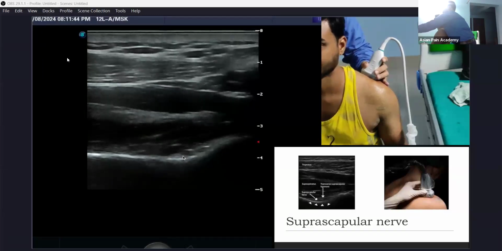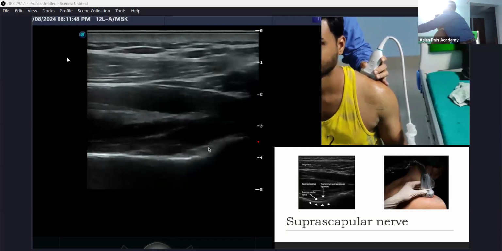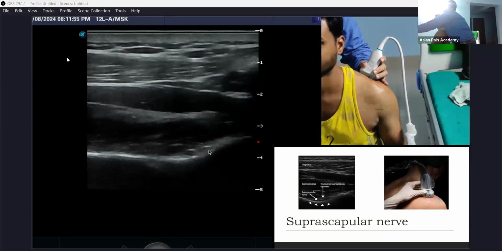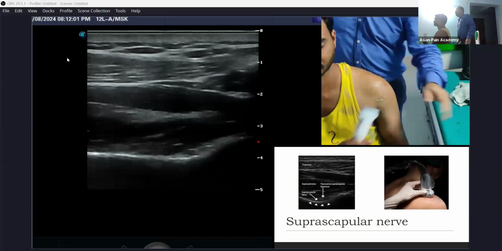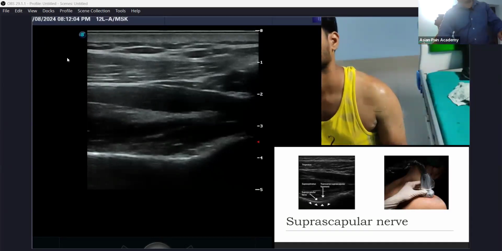This is the suprascapular artery, and just by the side of the suprascapular artery may be the suprascapular nerve. We cannot say with guarantee that this is the nerve, but when we do the intervention, we come to this depth and inject just by the side of the artery.